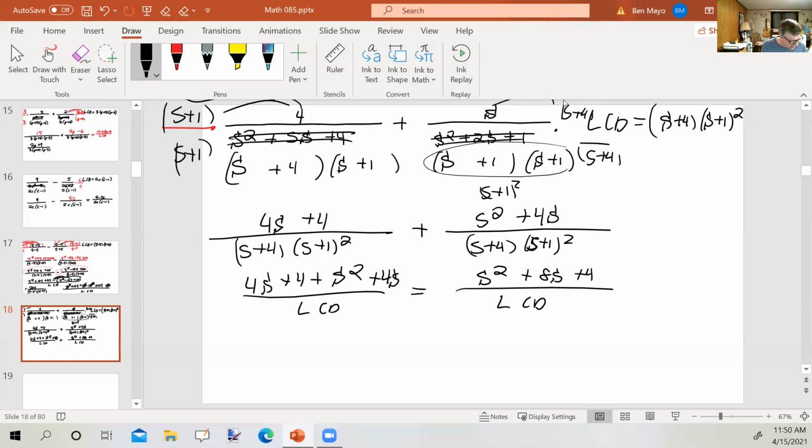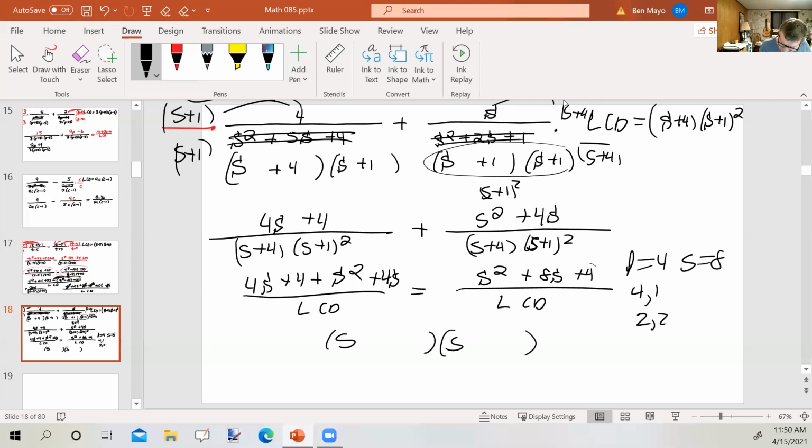So then the question is, can I factor s squared plus 8s plus 4? We would have to have s and s, and a product that's 4 and a sum that's 8. The only products that give me 4 would be 4 and 1, and 2 and 2, to give me a positive sum.